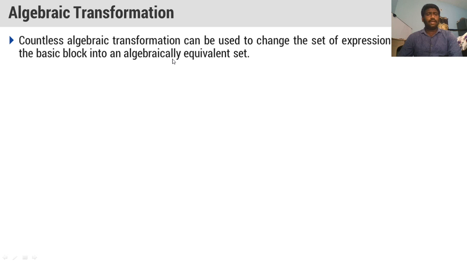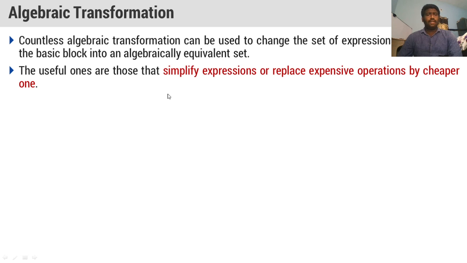Next one is algebraic transformations. Let us take an example: x equal to x plus 0 or x equal to x into 1. If any statement is added with 0, no change will be there, we get the same statement. And if any statement is multiplied with 1, we also get the same statement.